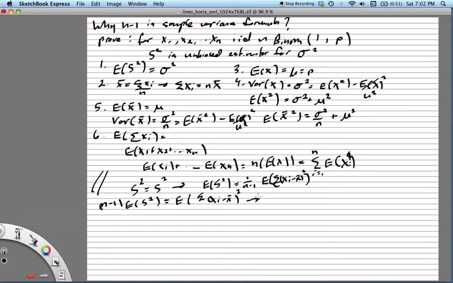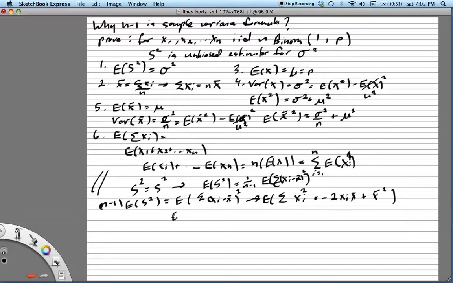We've got the expected value of the sum of, if we FOIL that out, we have xi squared minus 2xi x bar plus x bar squared. Good. We're going to distribute the summation over each of these terms, which we're allowed to do if we know our algebra of summation notation. I'm going to move this down here.